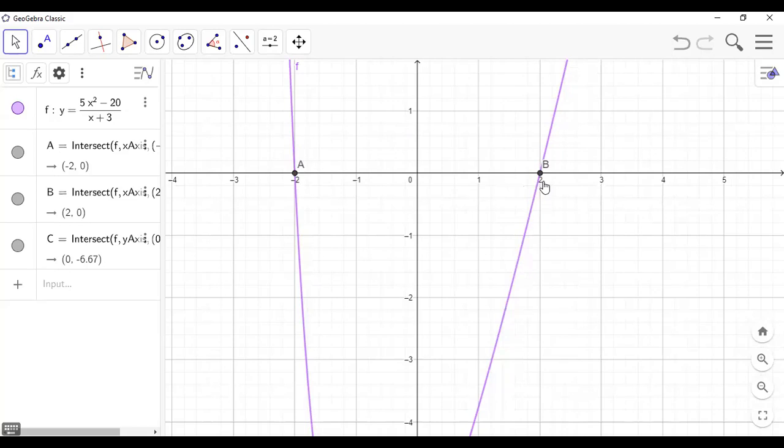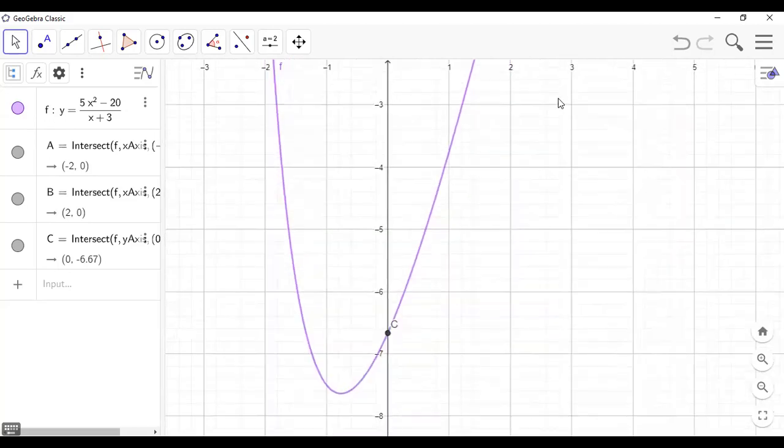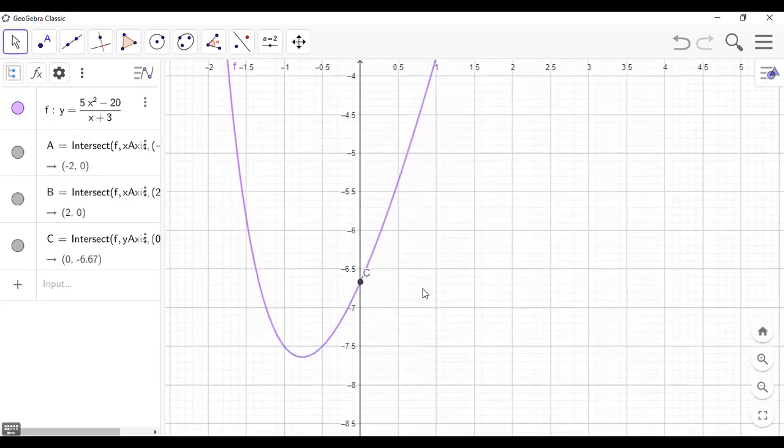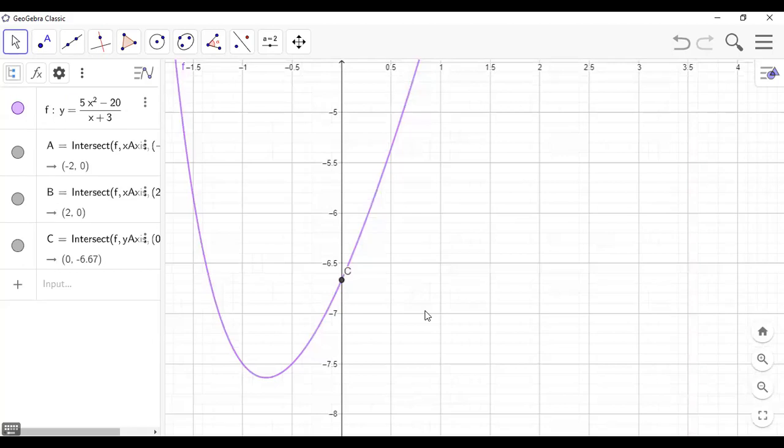Kaya 'di ba 2, 0 and negative 2, 0, yun kasi yung ating x-intercept. While yung negative 20 over 3, when we convert that to decimal, that is negative 6.66667. Ayan po siya. So, doon naman napunta yung ating intersect.